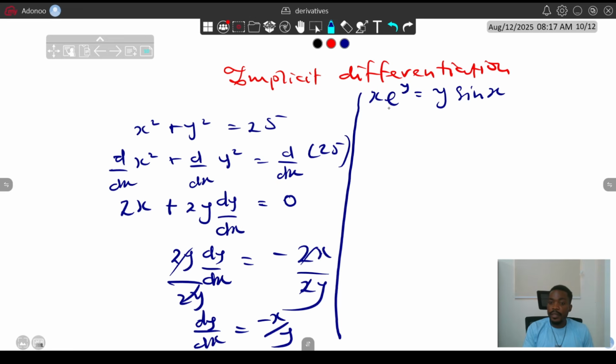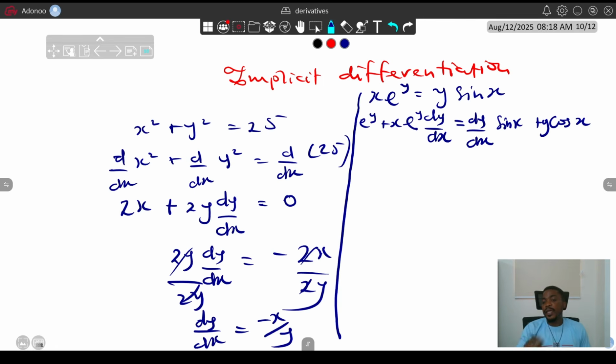We are going to have e raised to the power y plus x e to the y dy dx equals dy dx sine x plus, keeping y constant, y cos x.